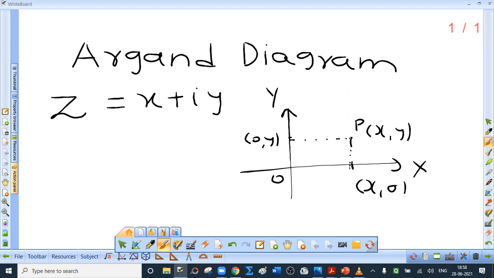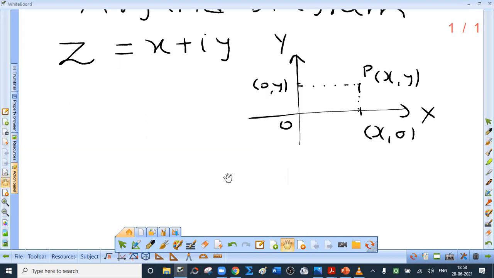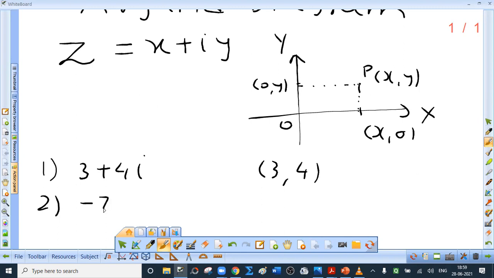Now, can you tell me if the complex number is 3 plus 4i, how will you represent it? Yes, it can be represented by the point (3, 4), right? Suppose the complex number is minus 7i.